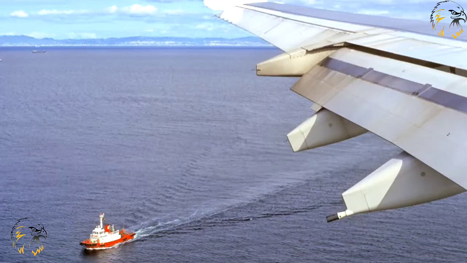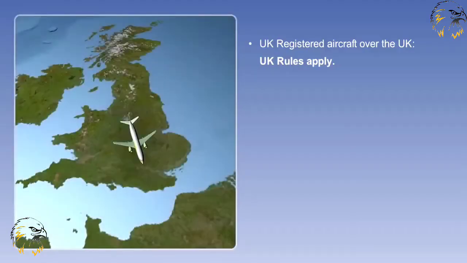However, though the current applicability situation is complex, it is not illogical, and should not be beyond the capacity of a pilot to understand. The situation can be summarized using the following example concerning an aircraft registered in the United Kingdom. For a United Kingdom registered aircraft flying over the United Kingdom, UK rules of the air apply.